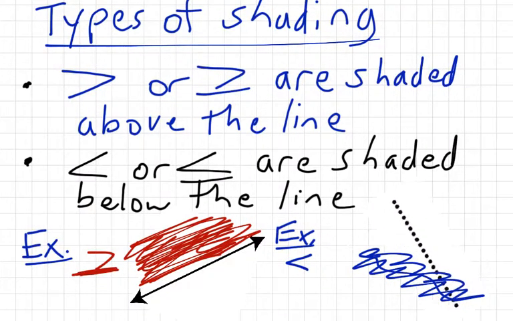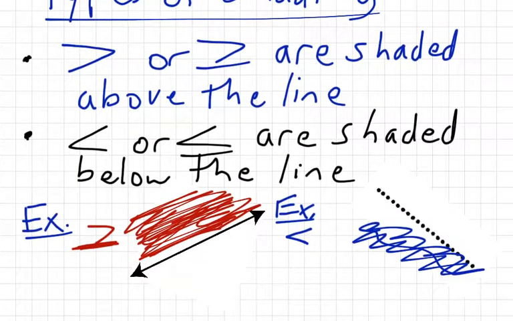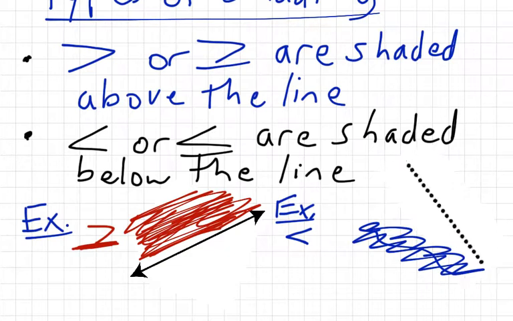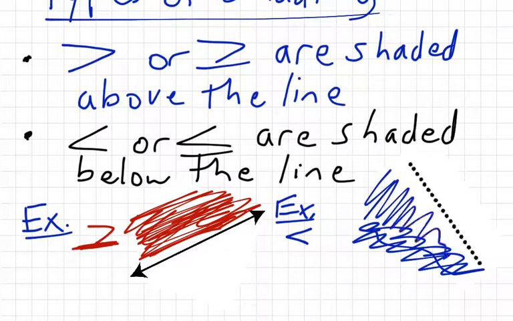So if it's like that, just make it a little more flat, but still a negative slope, and you can see it's going to be shaded below that line. And then if I tilt it back, I'm just going to continue to shade that below the line. These are all solutions below that dotted line. And that's how the shading works.